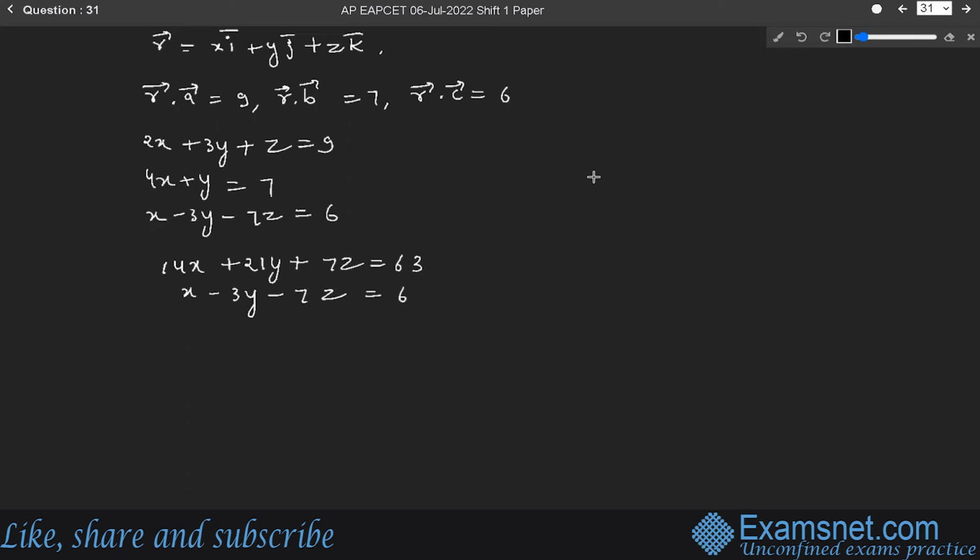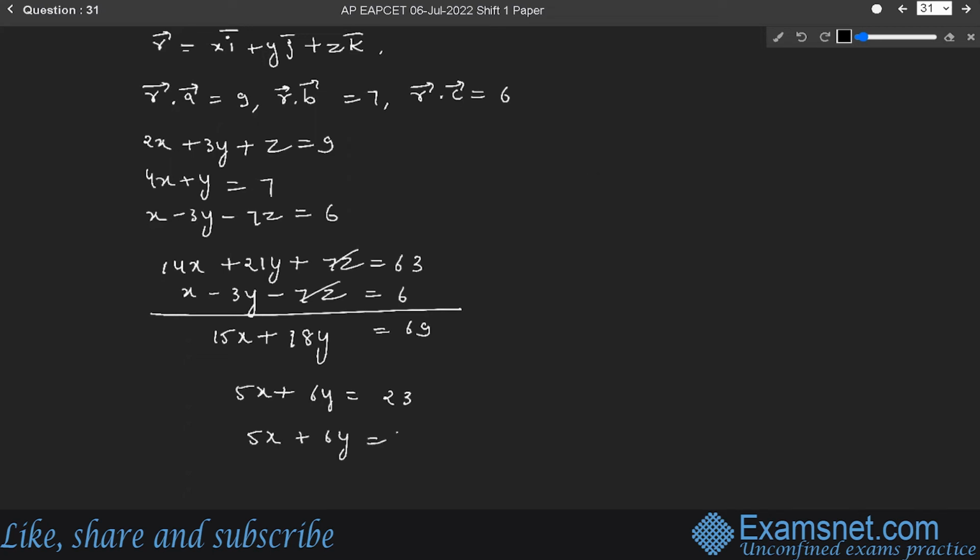Adding them, the right side will be 69 and the left side will be 15x plus 18y, and 7z and 7z will be cancelled. So taking 3 common, it can be 5x plus 6y is equal to 23.